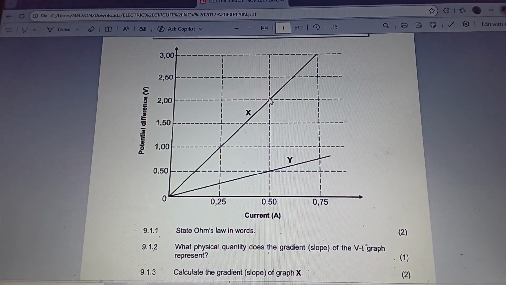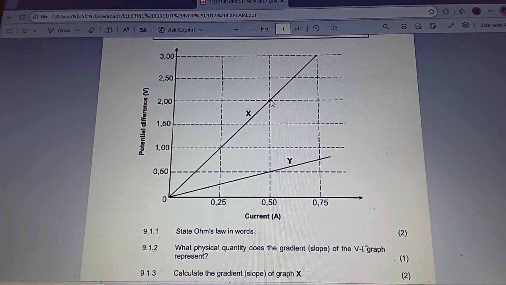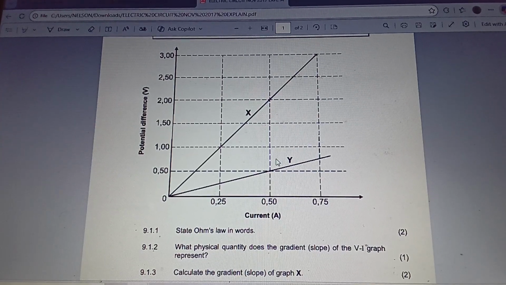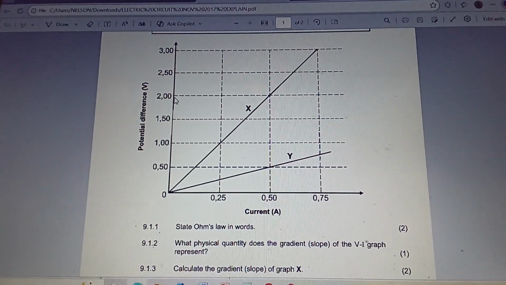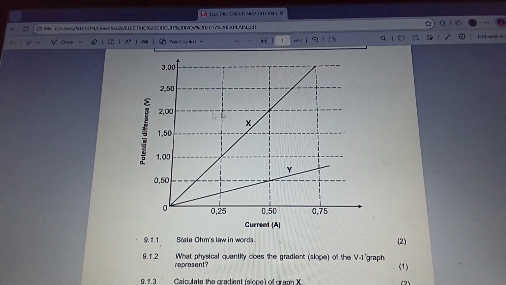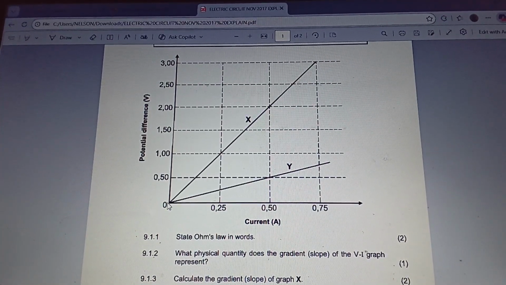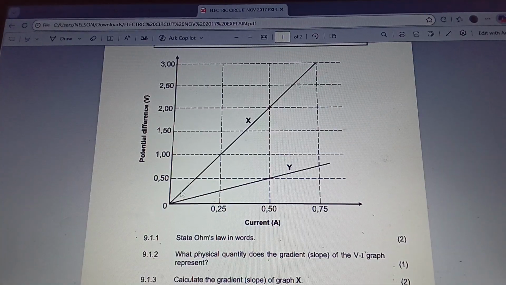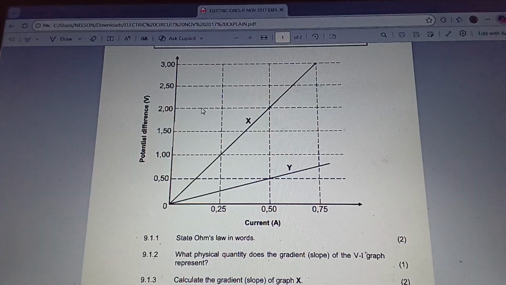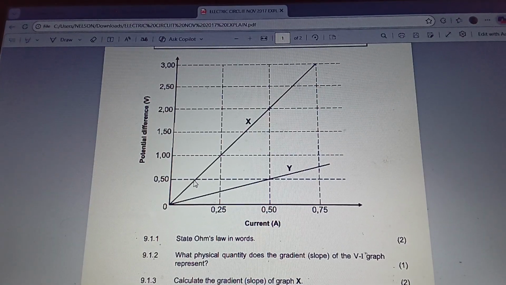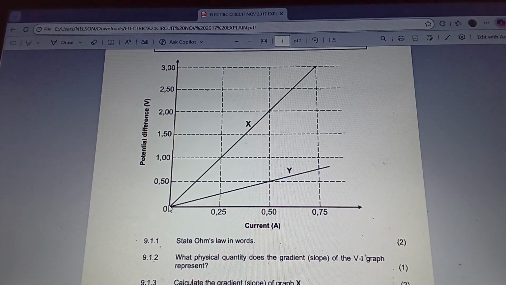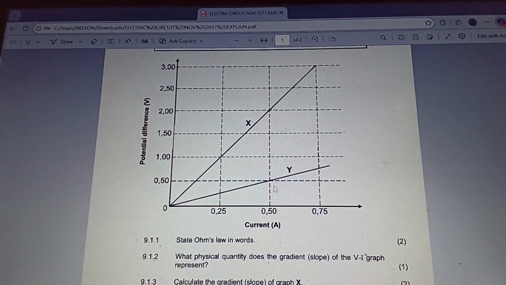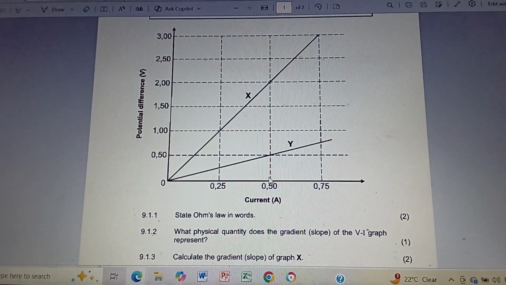You can choose this one here, from 0, 0 to 0.50 and 2.0. So, for instance, for the change in potential difference, initial is 0, final is 2.0. And for the change in current, initial is 0 and final is 0.50.